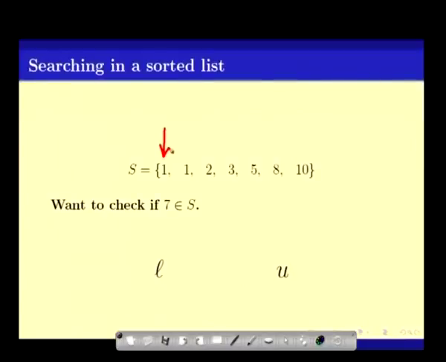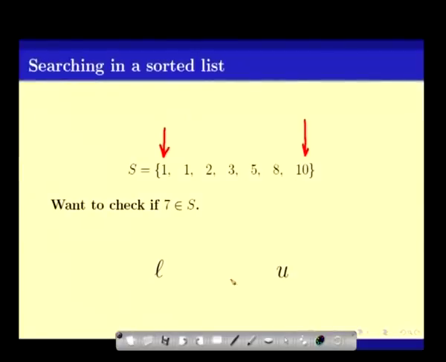Anything whose index is between L and U can be a possible place where x belongs, or in our case 7 belongs, and U in our case of course is 7. It is the index of the last element of this set. To differentiate L from U, I will just make U have two dashes on top.